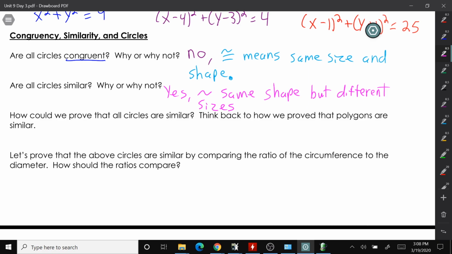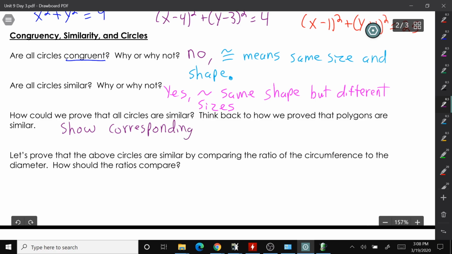And mathematically what we did is that we looked at the corresponding parts, and we found that they were proportional. So what we would have to do is look at the corresponding parts. We need to show corresponding parts are proportional.